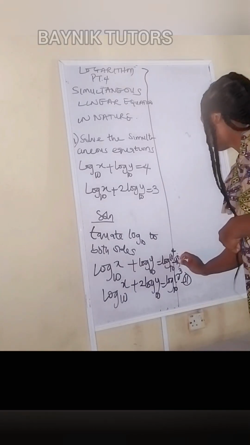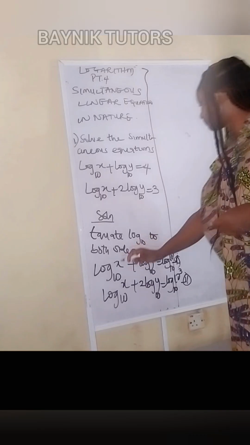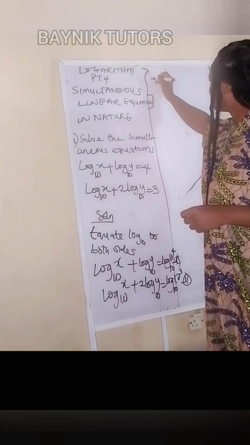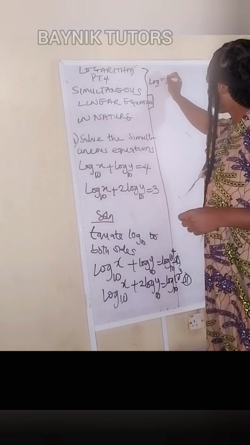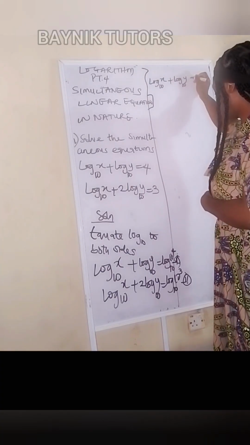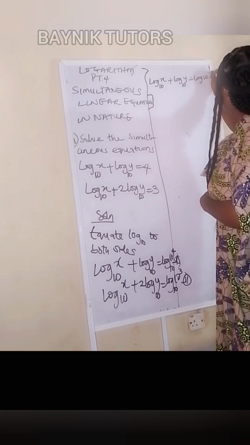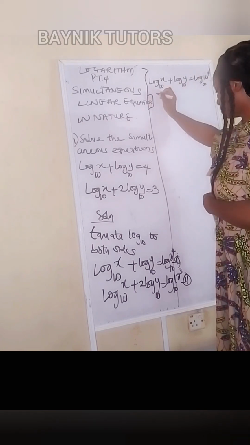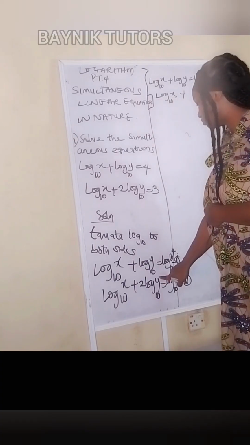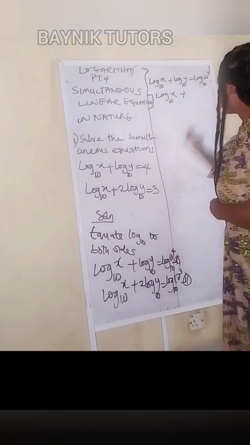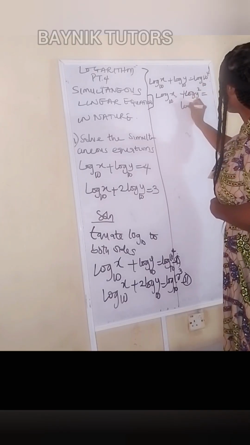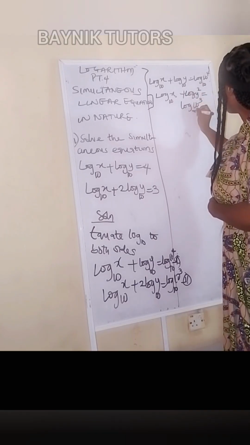So now let's quickly do some magic. We have log x base 10 plus log y base 10 equals log 10 raised to power 4 base 10. For the second one, log x base 10 plus, this 2 will come to this side, so it will be log y squared equals log 10 raised to power 3 base 10.